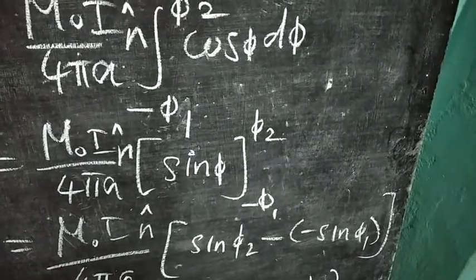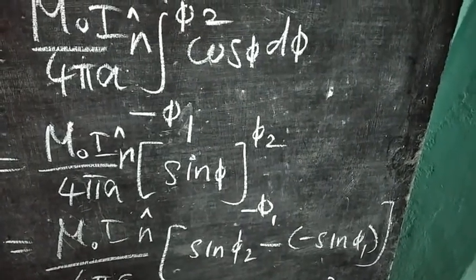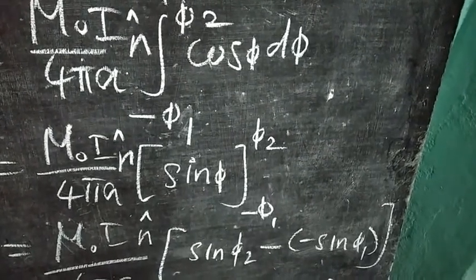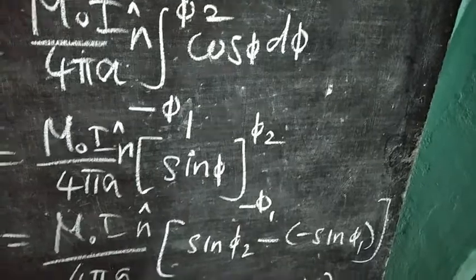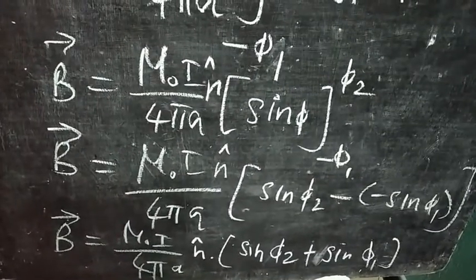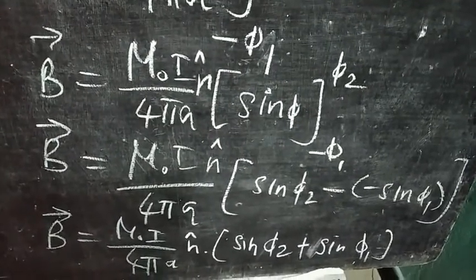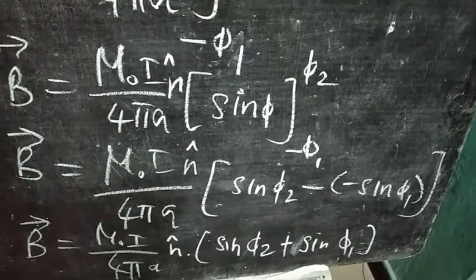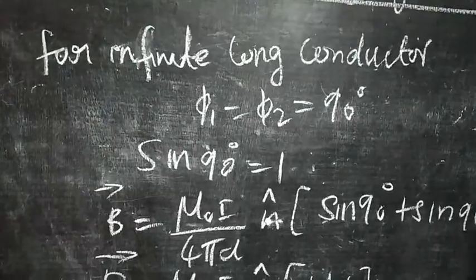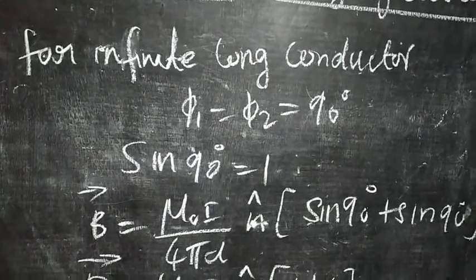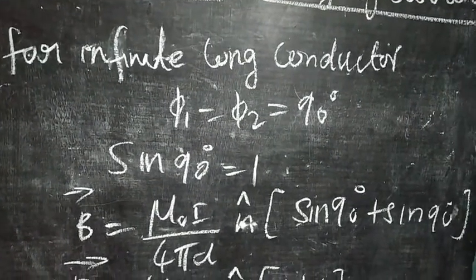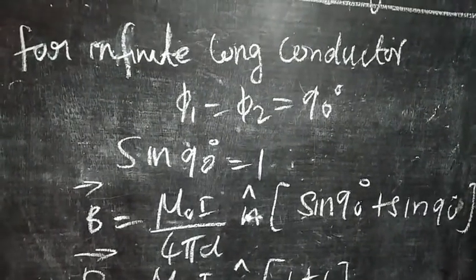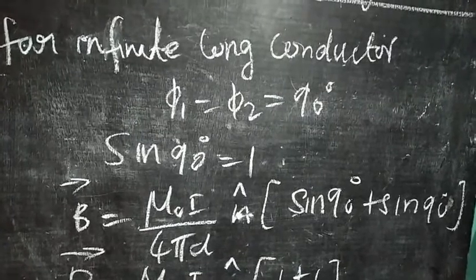Upper limit phi 2, so phi is replaced by phi 2: sin phi 2 minus the bracket sin of minus phi 1. So B vector equals mu naught I n cap by 4 pi a, sin phi 2 plus sin phi 1. For an infinitely long conductor, phi 1 equals phi 2 equals 90 degrees. So sin 90 degrees equals 1.